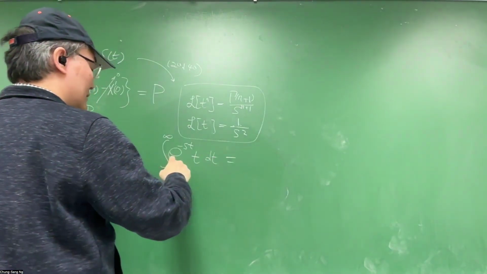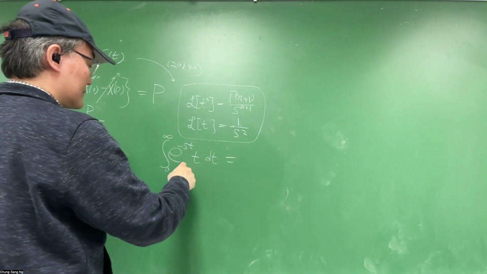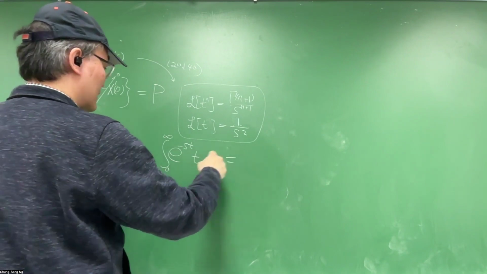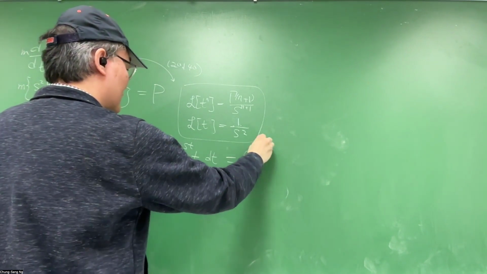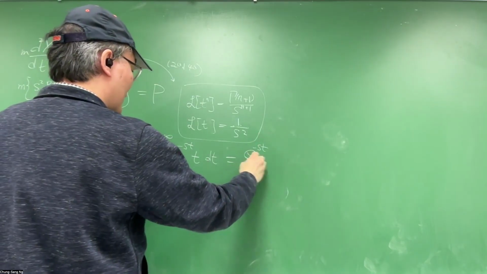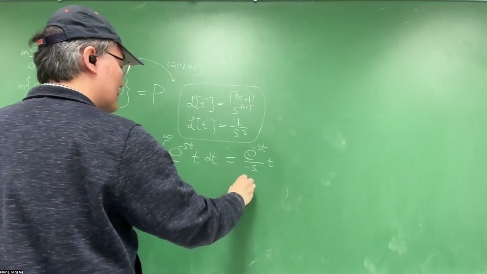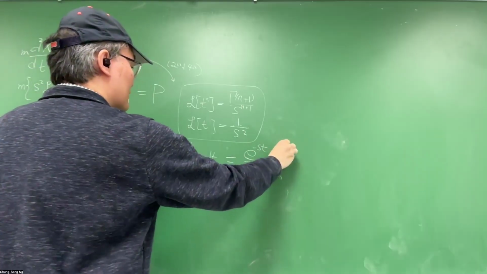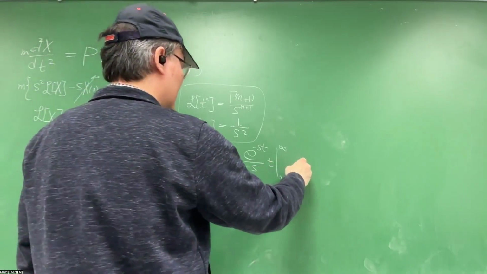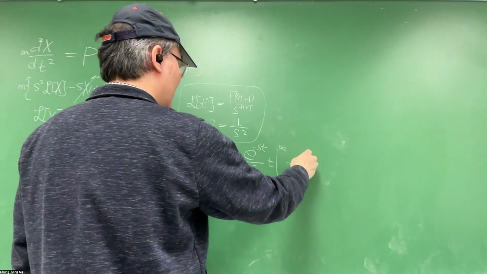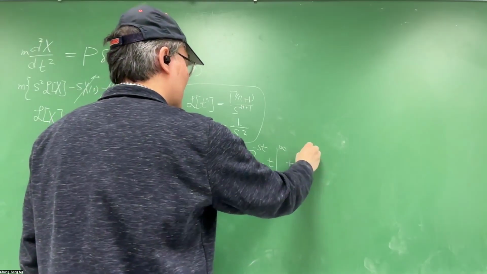So this one is the integral of this one, right? So e to the minus s t over minus s, multiplied by t, evaluated from 0 to infinity, and minus that.